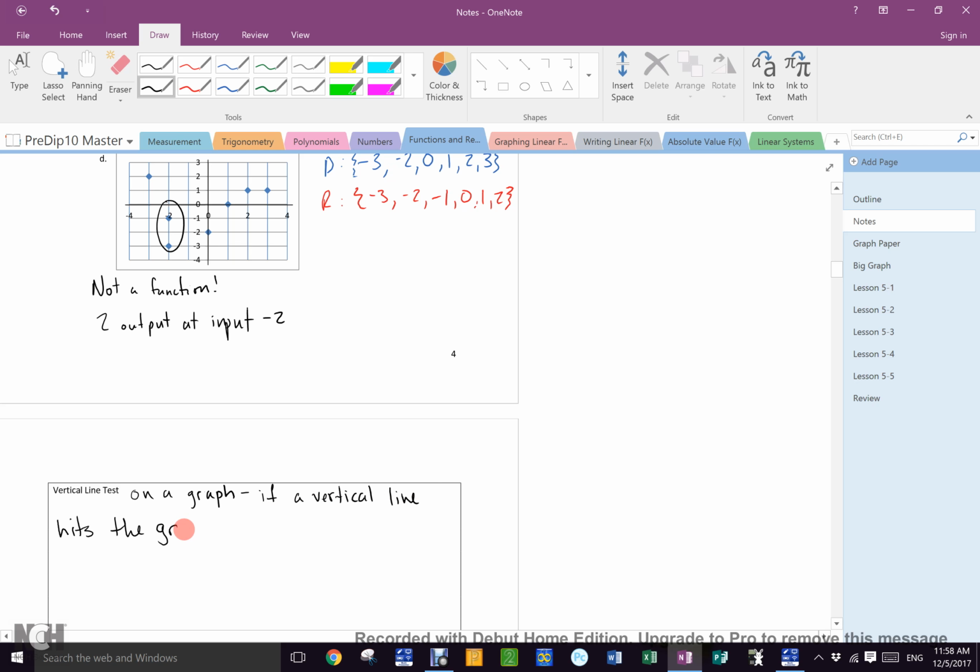If a vertical line hits the graph more than once, it is not a function. Why is it not a function?